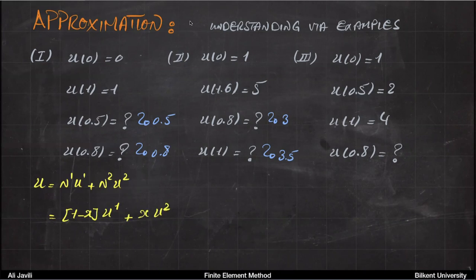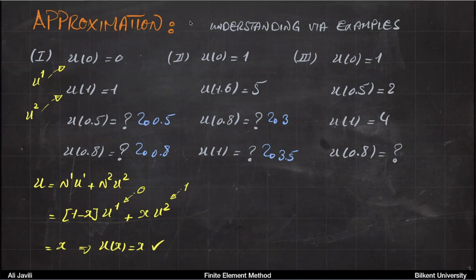This is node 2, this is node 1. Remember, 1 is left, 2 is right. It's 2 points. Basically, this is 0, this is 1, and your approximation would be x, and that is exactly as we expected. So here, u(x) is equal to x. Done.